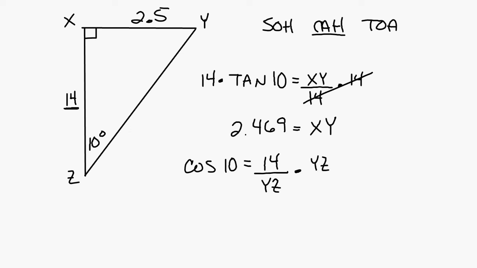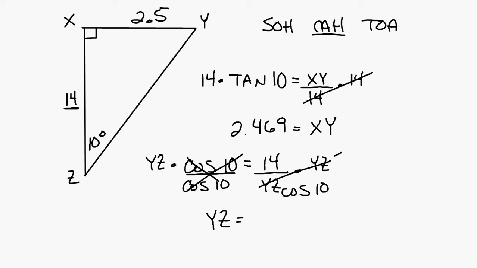They cancel on the right, and you end up dividing by cosine 10. Cosine 10s cancel, and side yz is equal to 14 divided by cosine 10. And I got 14.216, which is 14.2. We're going to continue to do sides to the nearest tenth and angles to the nearest whole this week.